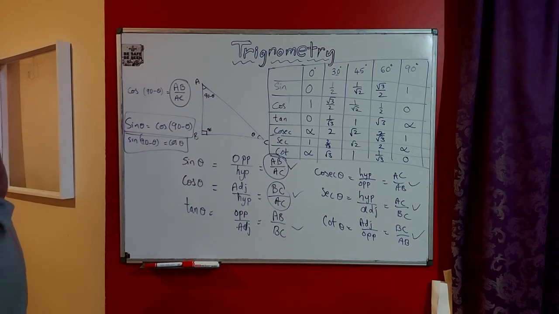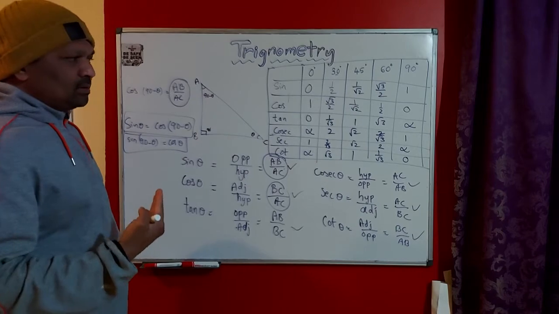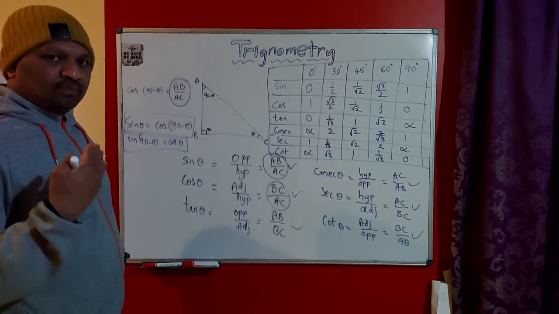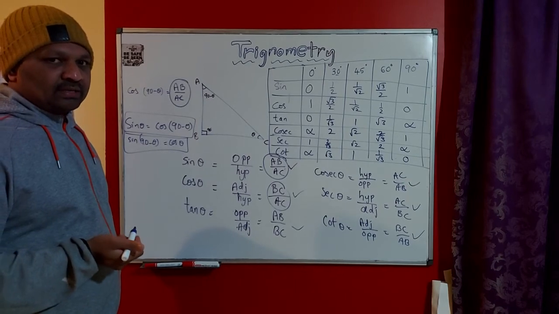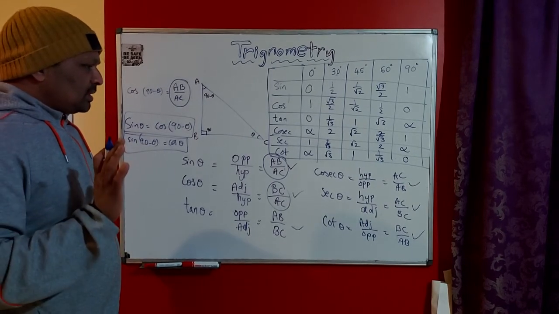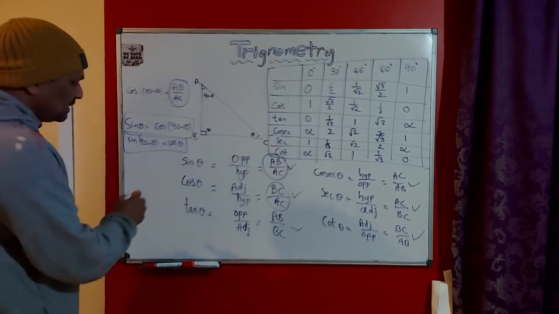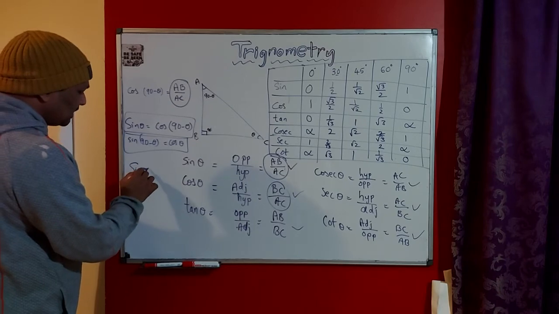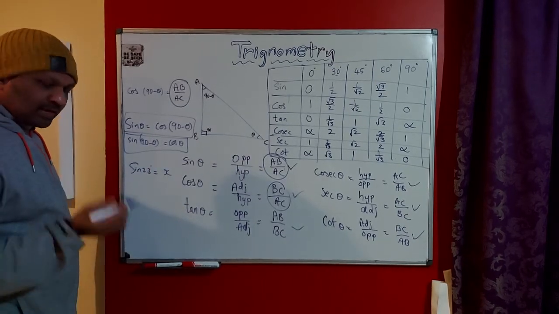Okay, so these are some basics about trigonometry. In the next video, we will discuss some trigonometry identities. They are going to be very interesting. A question something like this will be asked. Say for example, sin 23 degrees is x.